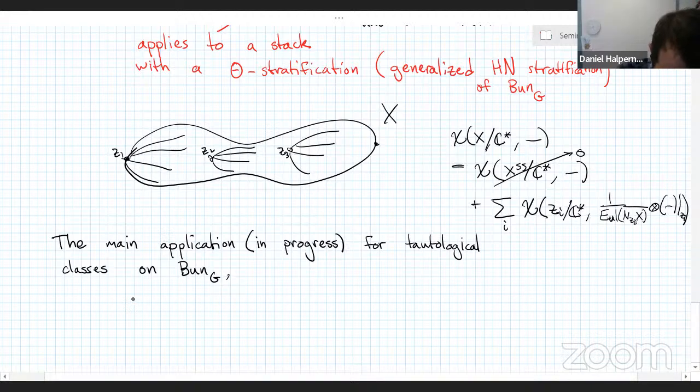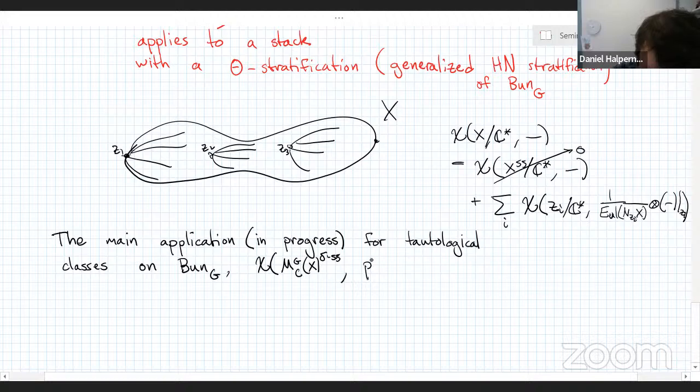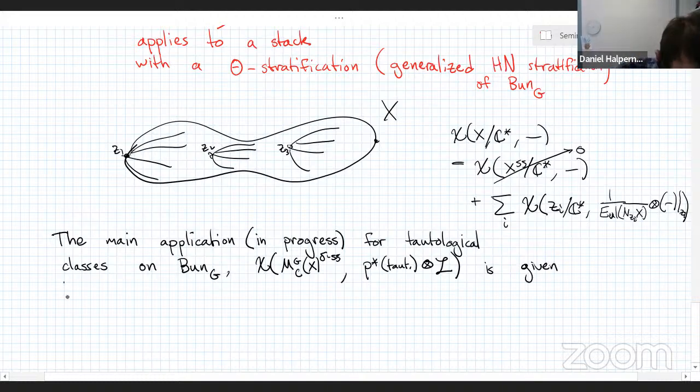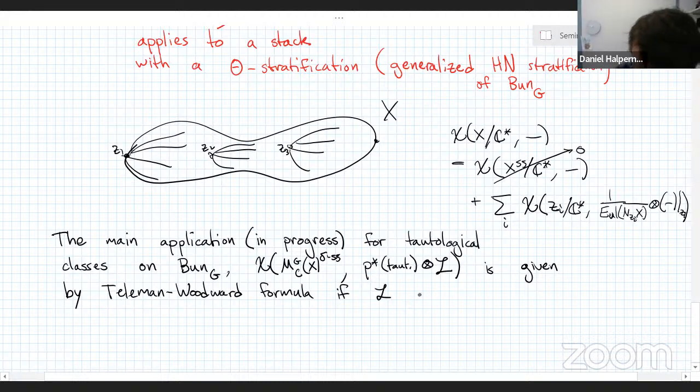So if you take the index over the moduli of semistable gauged maps of whatever your tautological line bundle was, tensor L, it is given by the Teleman-Woodward formula, if L has sufficiently positive level.